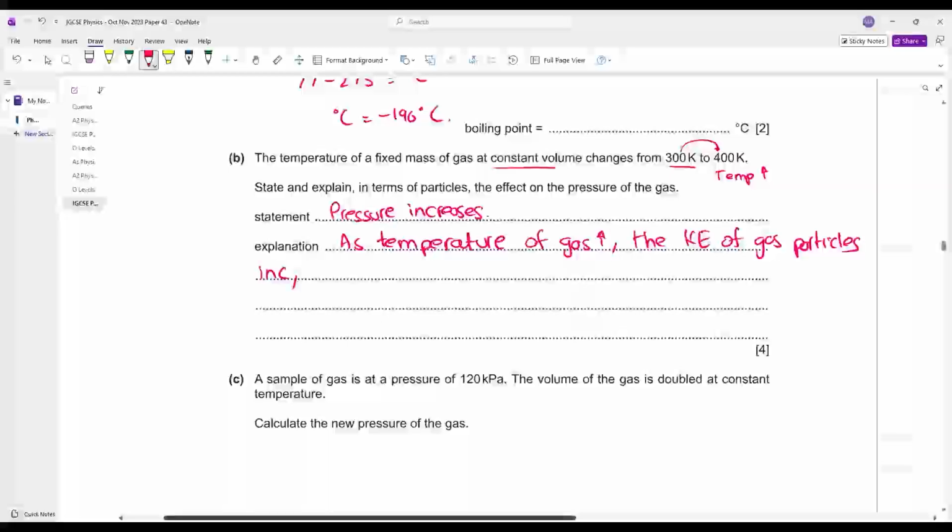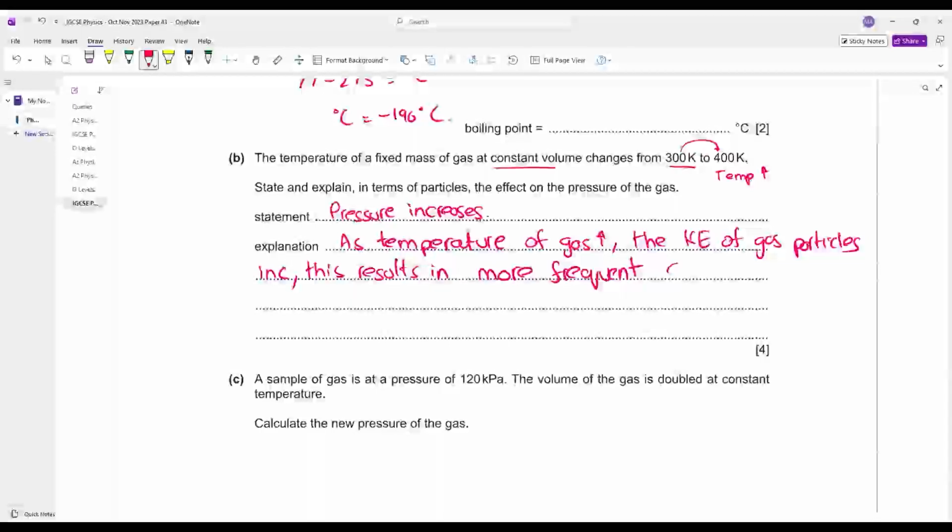As the kinetic energy of gas particles increases, what will happen? Yes, as the kinetic energy of gas particles increases, what will happen? There will be more frequent collisions. This results in more frequent collisions.